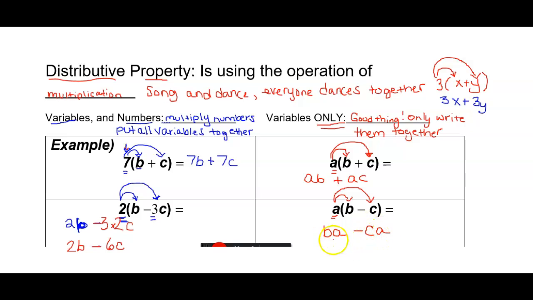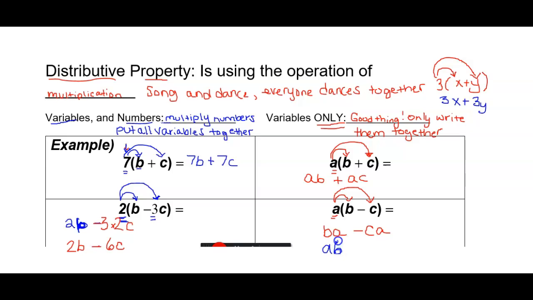Now notice I did it this way because I want you to see what I'm talking about. Notice I wrote A in the back. I don't want to do that. I want to simplify that and make sure that it's in alphabetical order. So I know A comes first in the alphabet, so I want to put A first, and then I'll put B after.